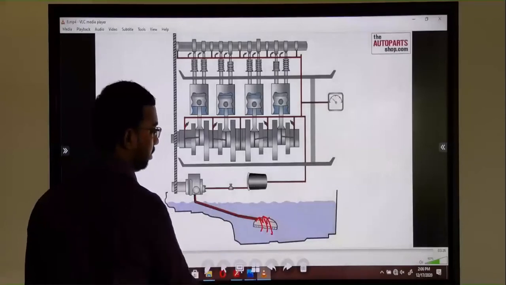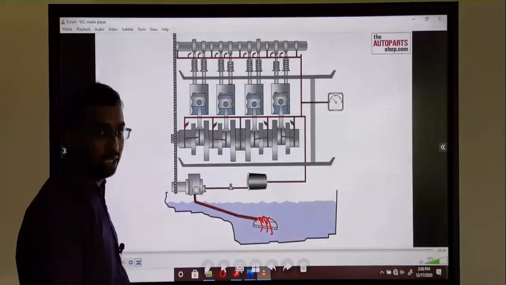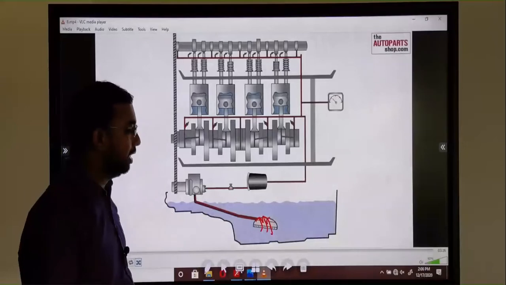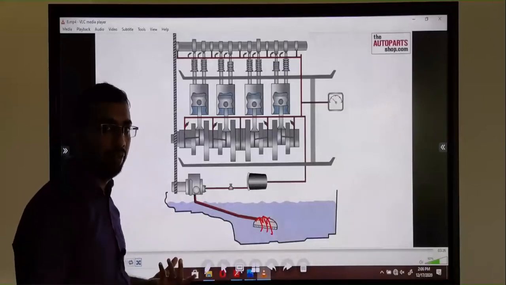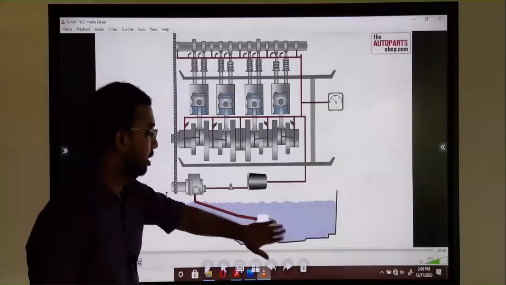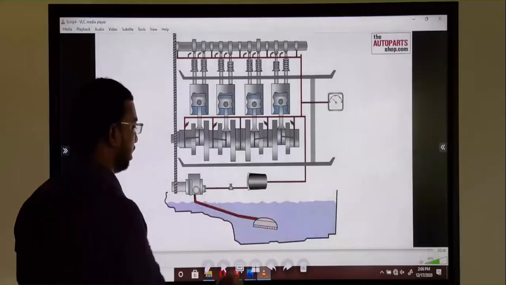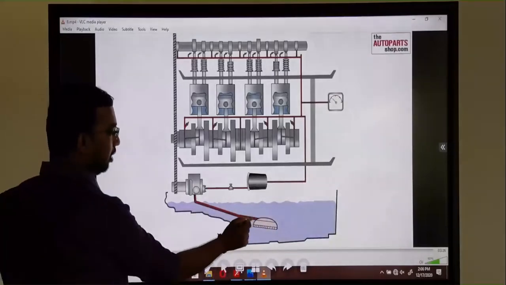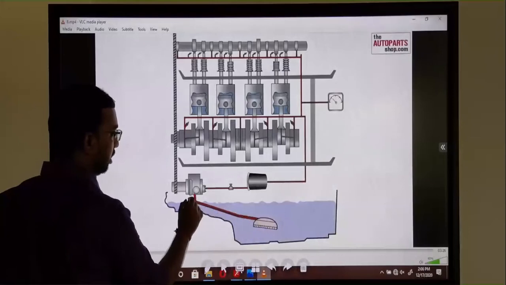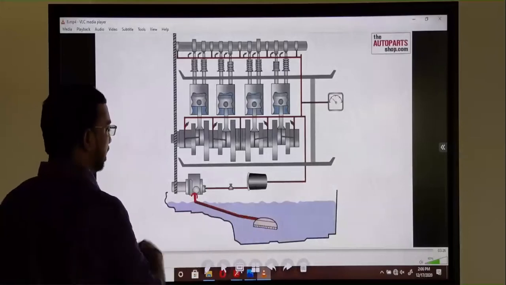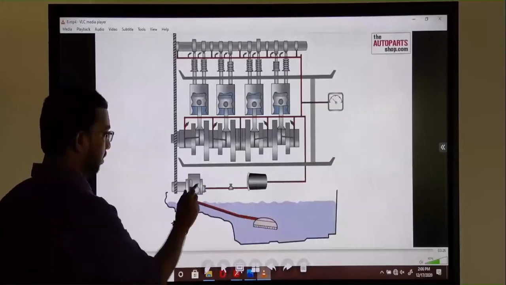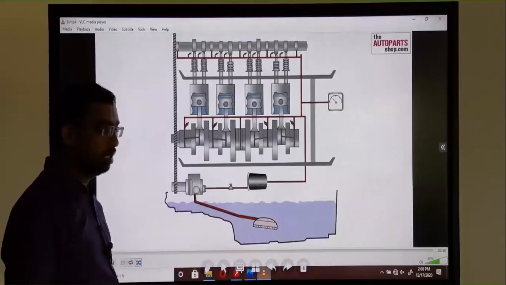It allows the intake of clean oil, purifying the dust. Then the oil flows through this pipe because of the pump rotation, which pulls the oil.